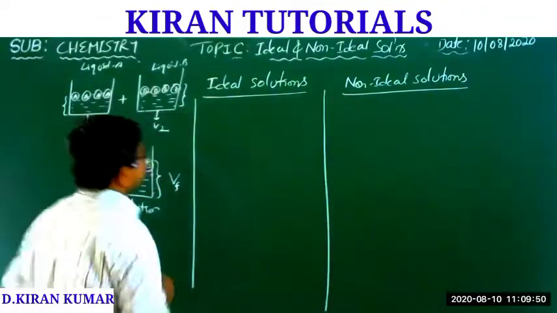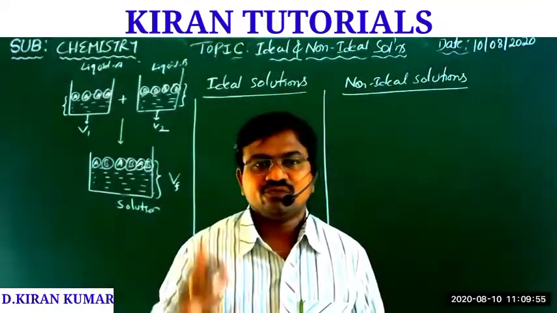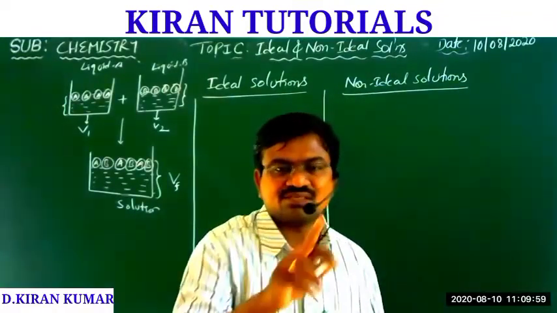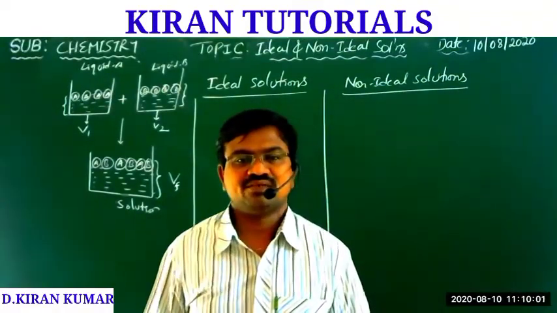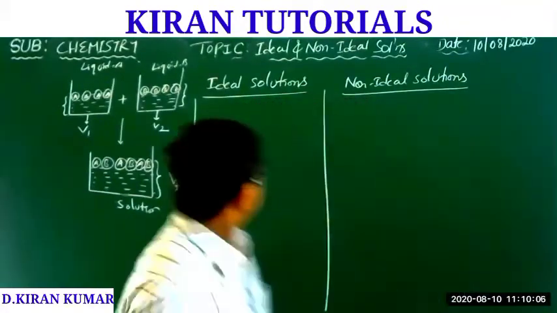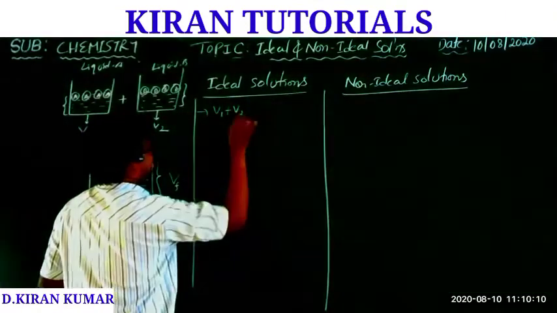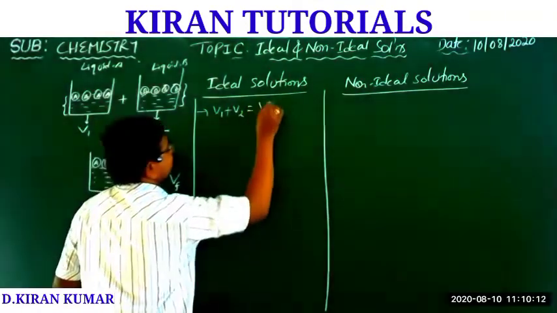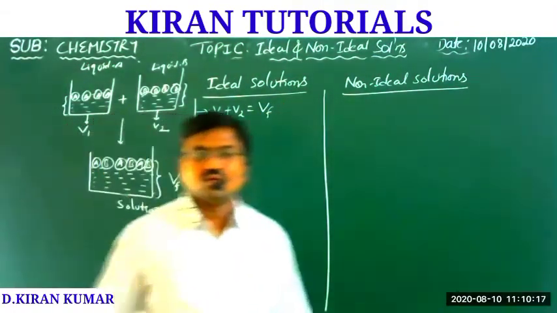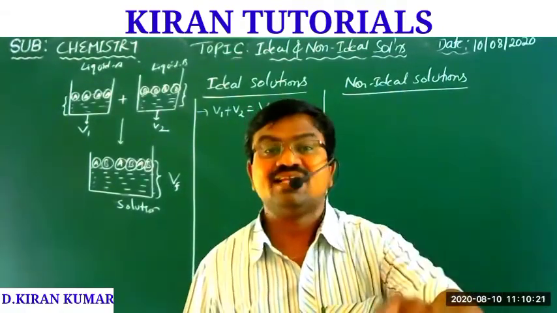So the first one: if the final volume is equal to V1 plus V2, then it is called an ideal solution.